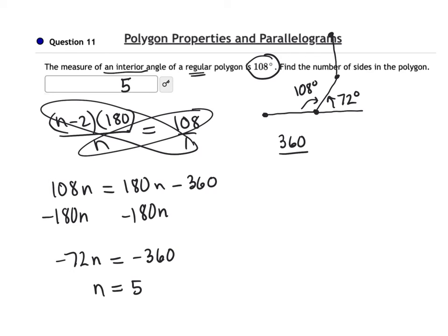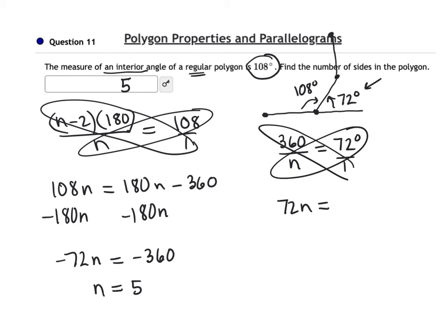If I divide by the number of them, which is n, the number of exterior angles, the number of interior angles, and the number of sides, what I get is one exterior angle. They're all equal because it's regular. I can cross multiply. N times 72 is 72n. 1 times 360 is 360. Divide both sides by 72, and you get n equals 5.